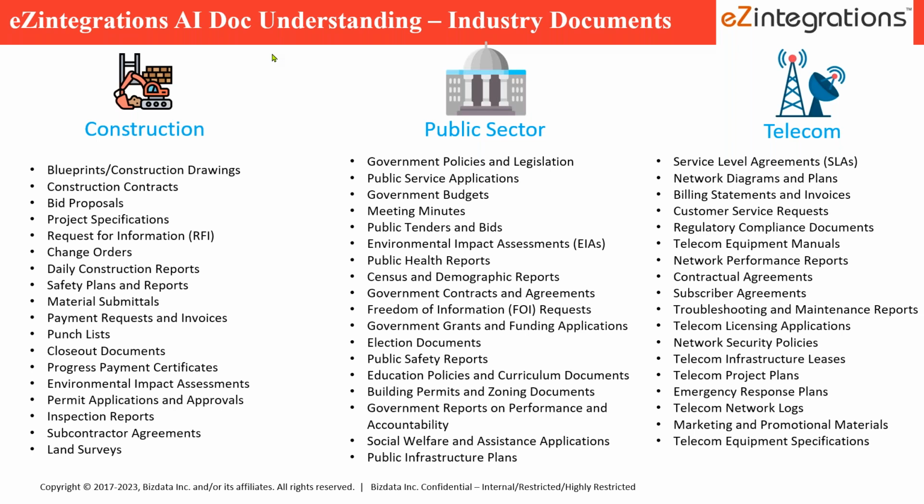All of these documents are available, but it becomes very tedious to extract those data sets. And I also mentioned the telecom. In telecom also, documents play a very big role. So these are the complete list of documents where you can extract information from these various sources.